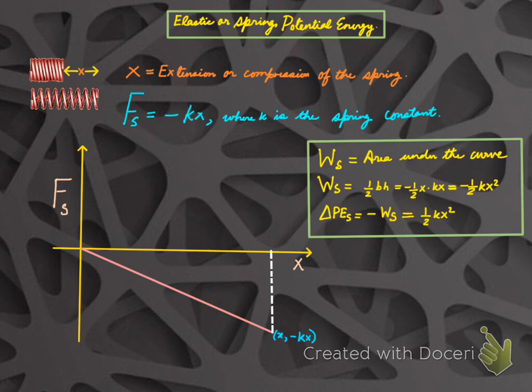Now, do objects with potential energy have the ability to do work? Remember, we said that energy was the ability to do work. Well, think about it. If you pressed a block against a spring and compressed it, then the spring would have some potential energy stored in it.